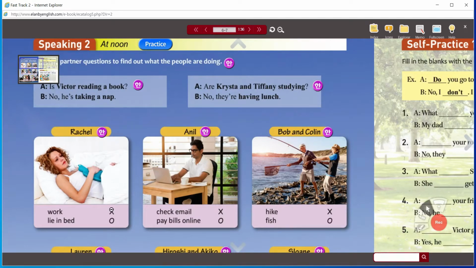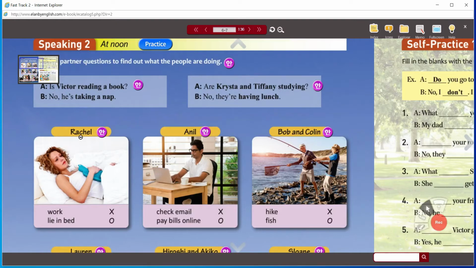Now, we already know that she is not working. We know the true answer is that she is lying in bed. Okay? But we're going to practice these forms anyway. So with a partner, one partner can be A, the other partner can be B. So A will ask the question, B will answer. And again, if you're studying alone, you can take both roles.